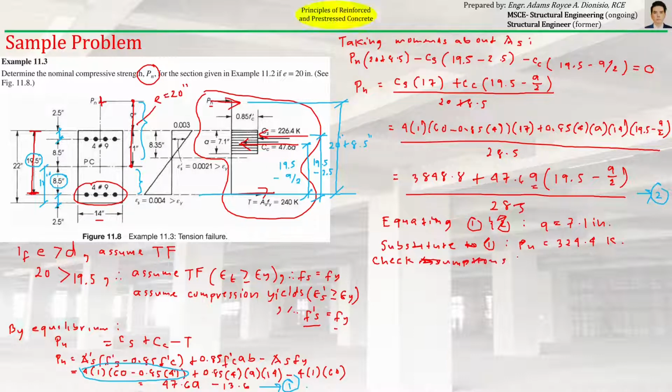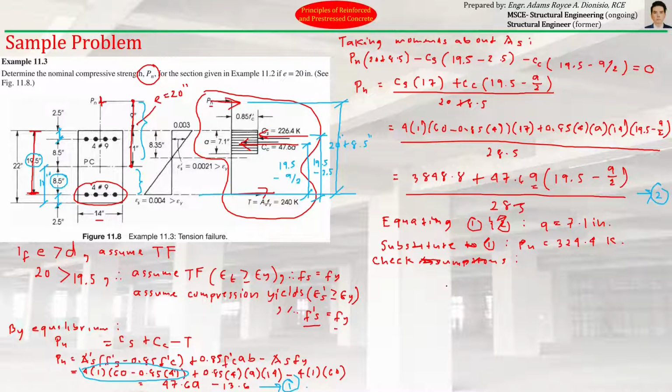And ano yung unang assumption na i-check natin doon? Kahit yung sa compression steel na lang muna. Let's try to compute for the compression steel. Okay, so how do we compute for that?